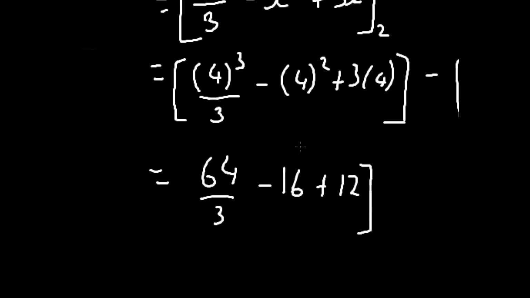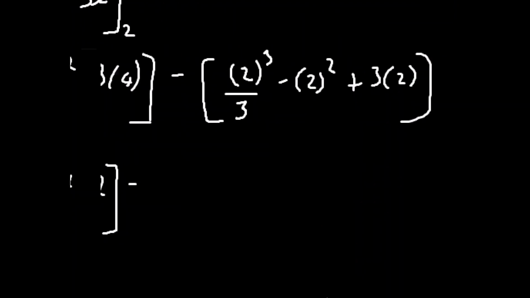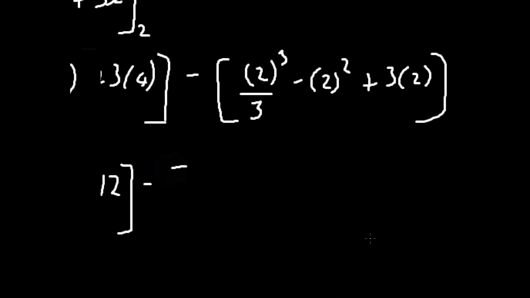Now I'm just going to keep the brackets around there just so we don't forget about negatives, and that becomes especially important with the next bit. Okay, so this is now 2 times 2, which is 4, times again by 2, which is 8, and so it's 8 divided by 3 minus 4 plus 6.